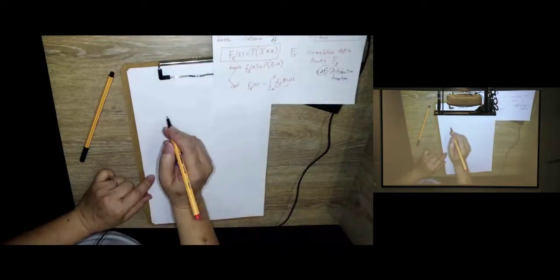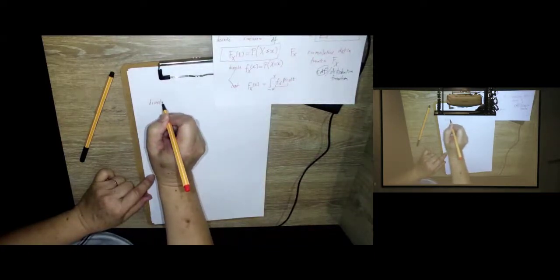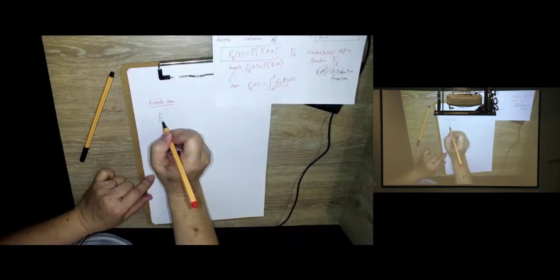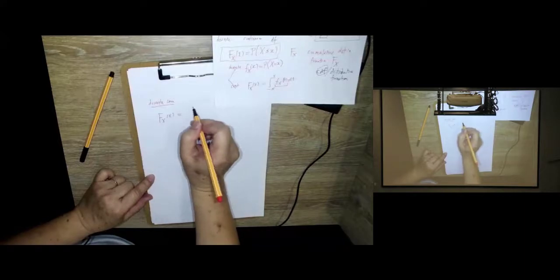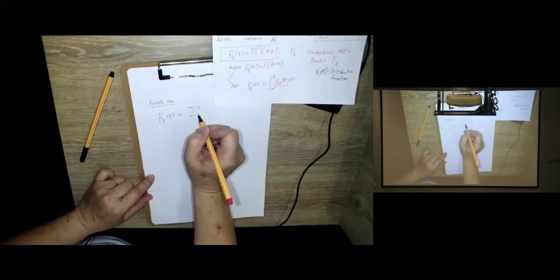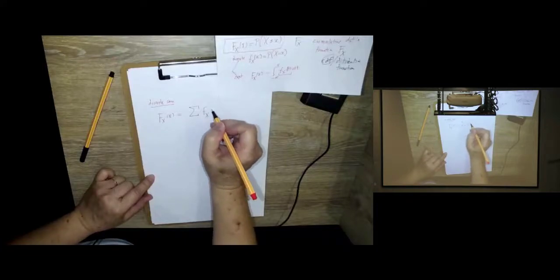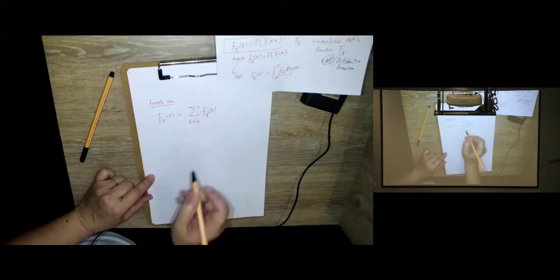Okay. So now, for the discrete case, how do I get F of small x? It will be the sum of all those probability masses as long as your t is less than or equal to x.